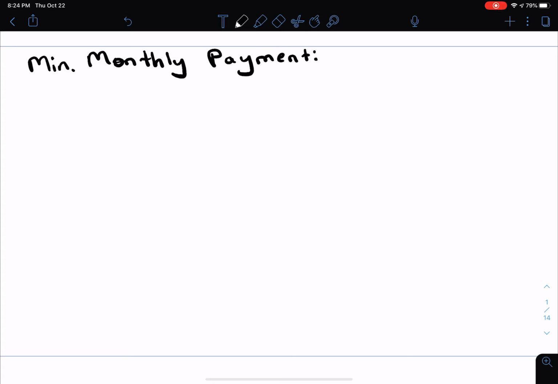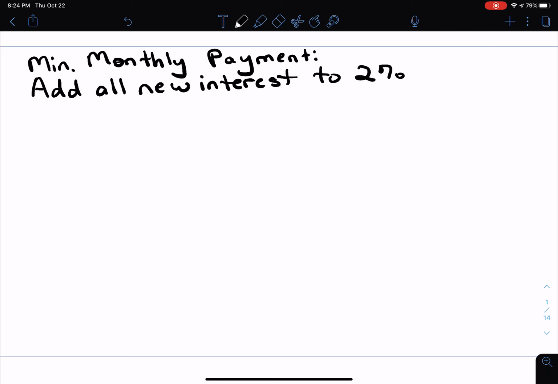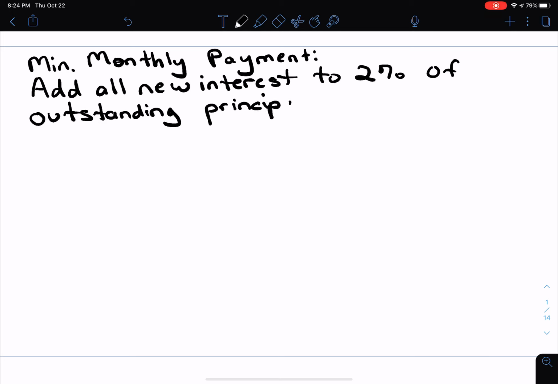There's a credit card company that determines the minimum monthly payment by adding all new interest to 2% of the outstanding principal. The interest rate is 0.04238% per day.